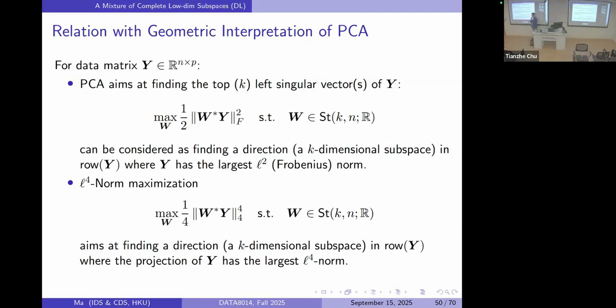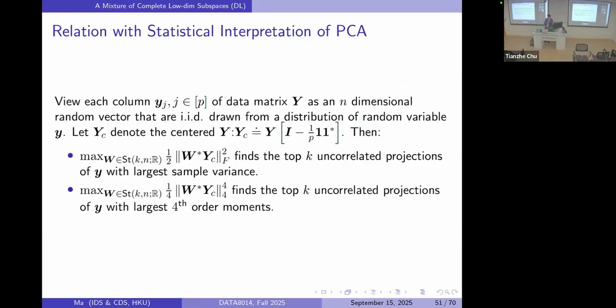The constraints are all the same. Then how are they related? Basically, PCA finds the top K uncorrelated projections with large sample variance. This one finds the top K uncorrelated projections with large first order moment, which is more sparse. Statistically, it finds the largest fourth order moments, right?